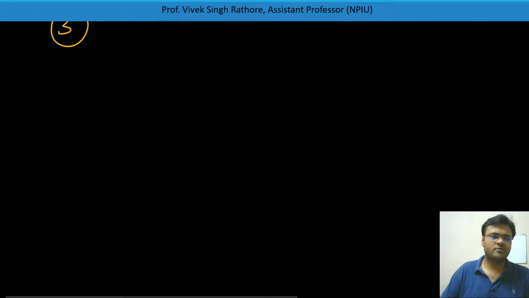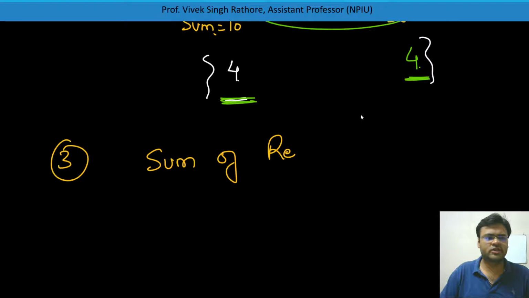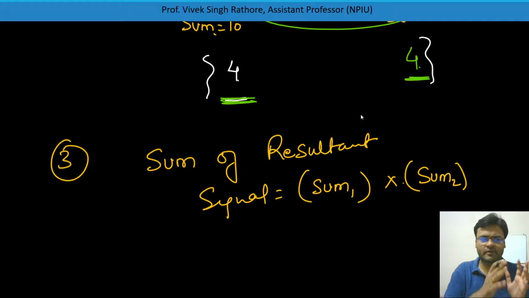So the third conclusion is: if you want the sum of the resultant signal, or the sum of the output signal, you need to take the sum of all input values and the sum of all impulse values, and take their product, and we get the sum of the resultant signal.